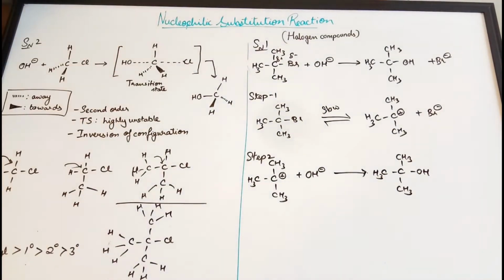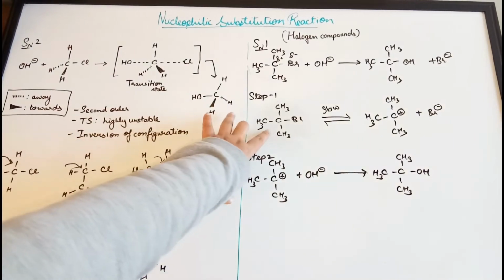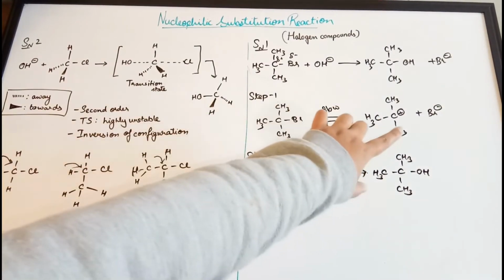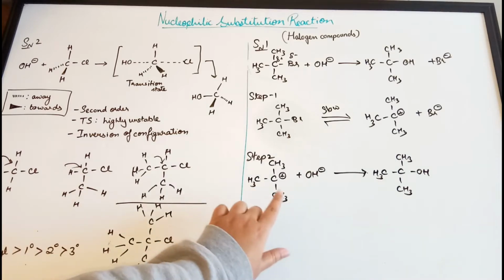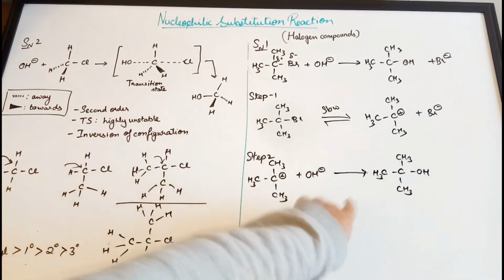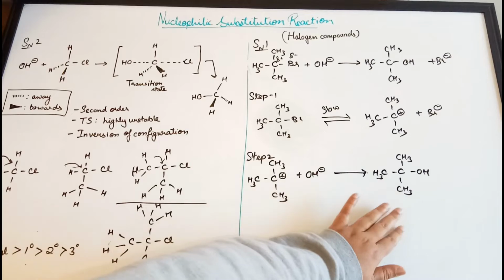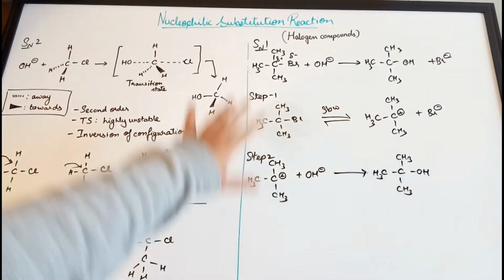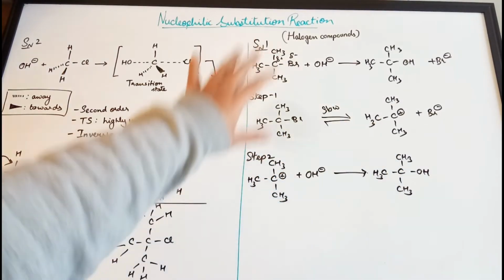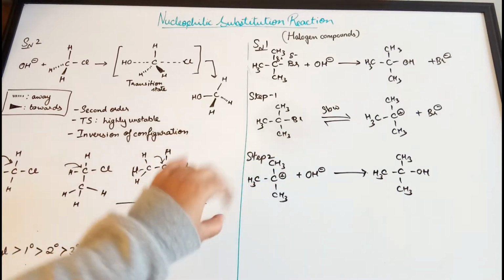So there are 2 steps in this reaction. In step 1, you have the formation of a carbocation. In the second step, the nucleophile is reacting with the carbocation, and this step is a fast step to give us an alcohol. Now in this case, the slow step is always the rate determining step.